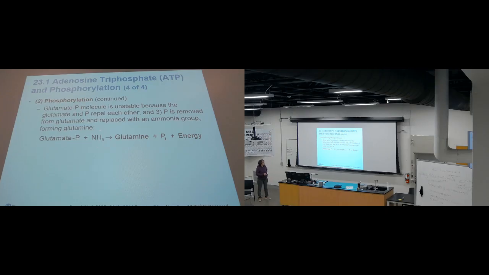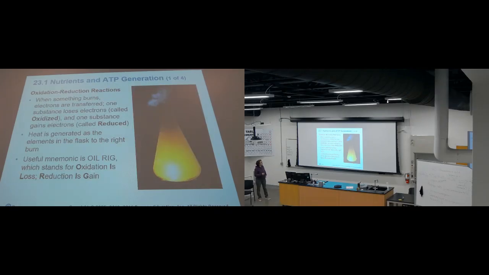And then when you add an amino group to this glutamate phosphate, you form glutamine, and then you can release inorganic phosphate. So you can convert this into a different chemical, glutamine, and then you release inorganic phosphate and energy.